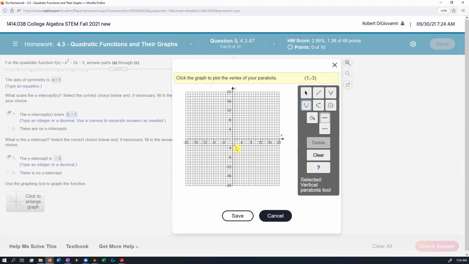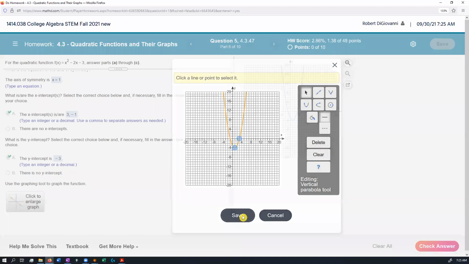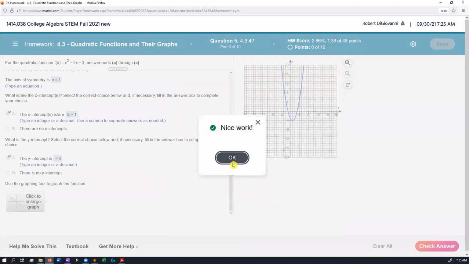So 1, -4 right there. And then I'm going to grab one of the x-intercepts, which was 3. If I move it, you can see again in the top right corner it shows what point you're about to drag to. So I want to drag it to 3, 0. That's one of my x-intercepts. It's like that. That should be it. Check it. Okay.